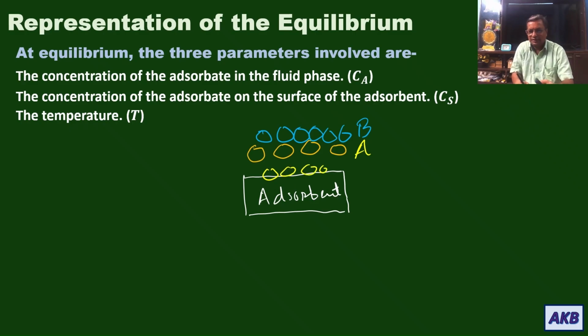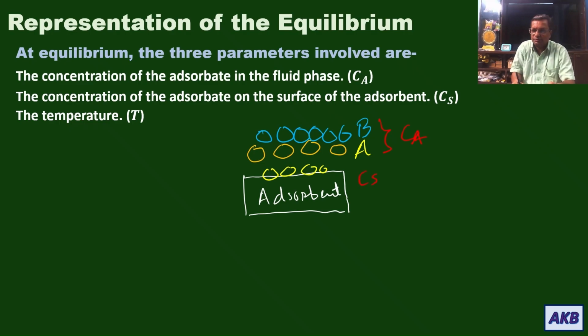And then there will be a dynamic equilibrium. I have already discussed how dynamic equilibrium is reached in adsorption, so you please watch that video. So in this case, you have the fluid phase, and the concentration of A in the fluid phase is Ca, whereas the concentration of A on the surface of the adsorbent is Cs.